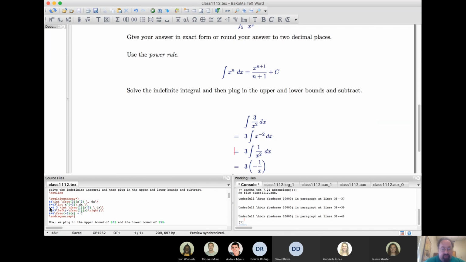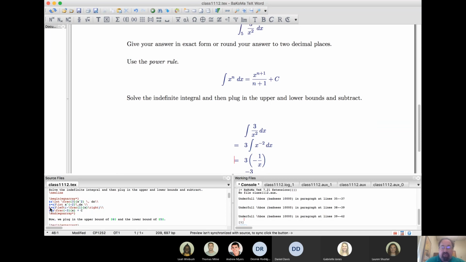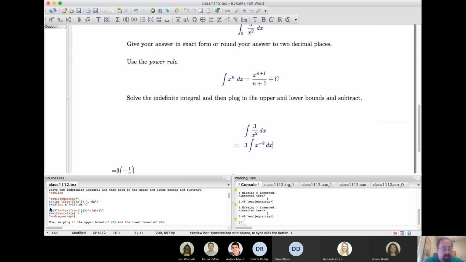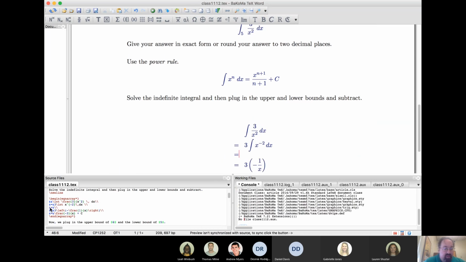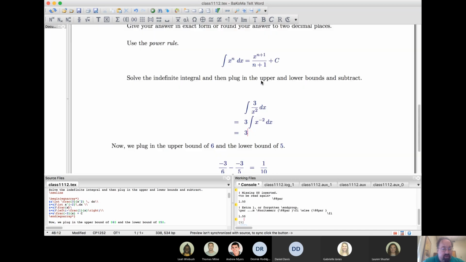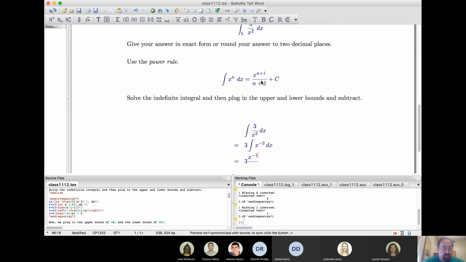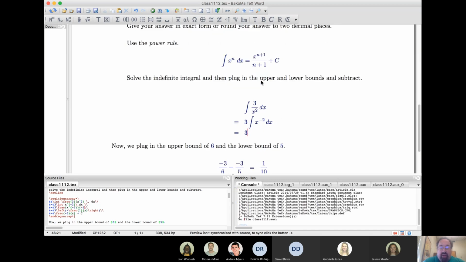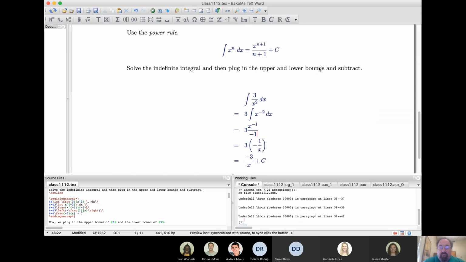So then when you use the power rule, that'd be 3 times x to the minus 1. You add 1 to the exponent, divided by the new exponent.